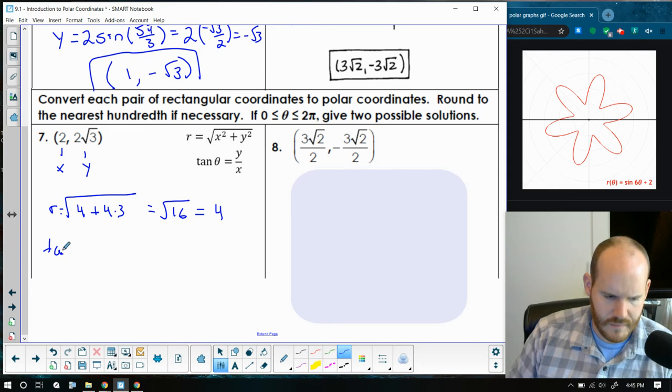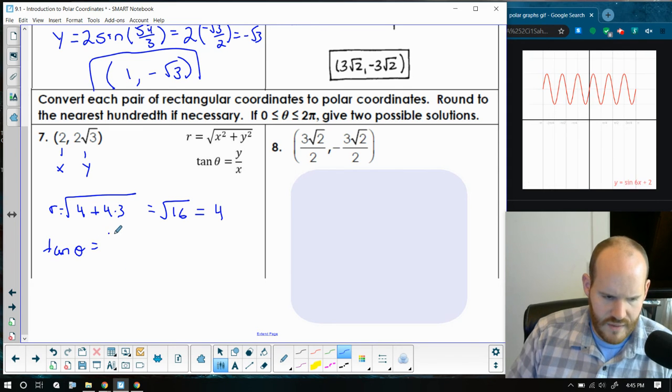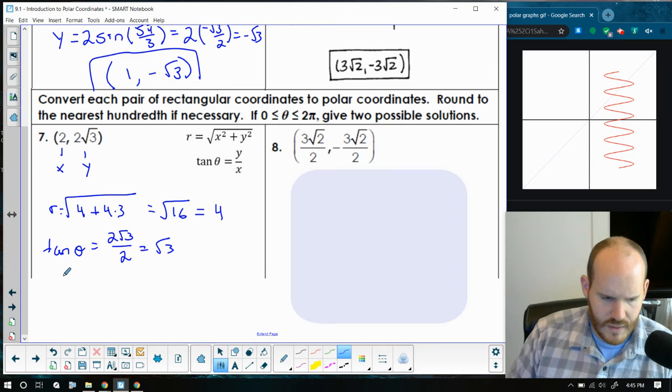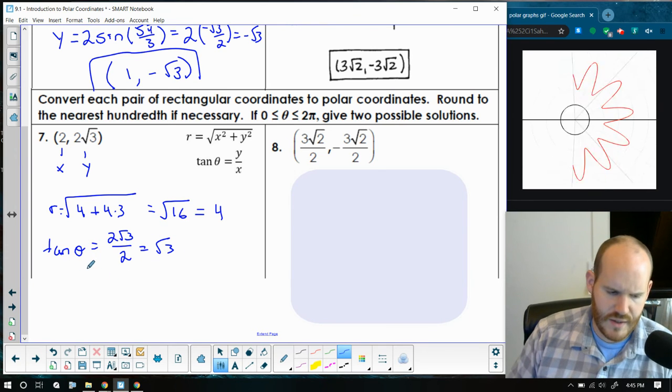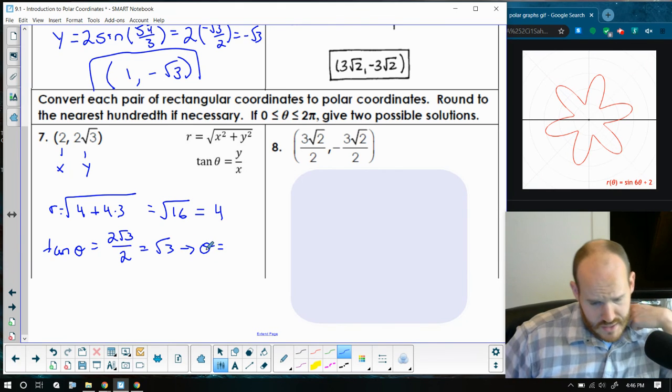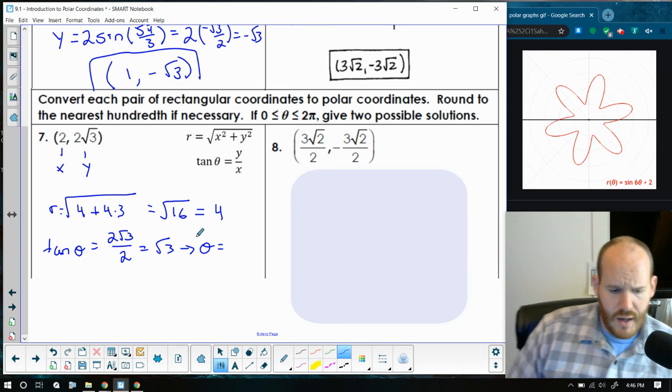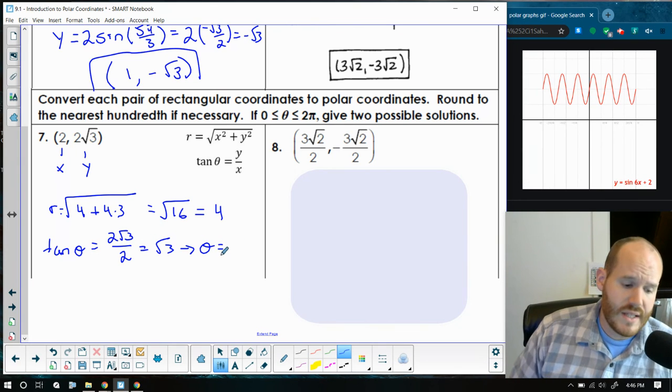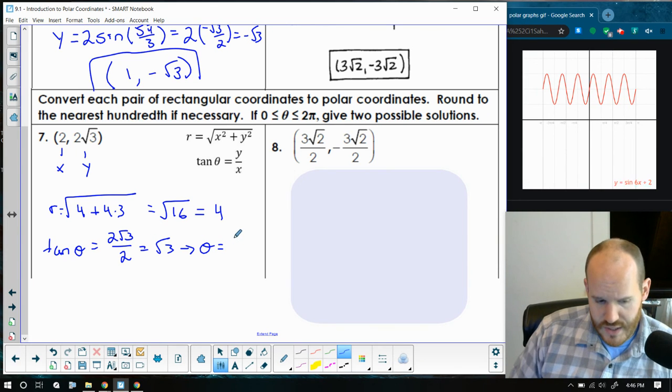Tan of theta is equal to the y value, 2 root 3, over the x value 2, which gives me root 3. I know offhand that's one of the special angles, so that tells me that theta, in degrees, would be 60 degrees, so in radians, that'd be pi over 3.